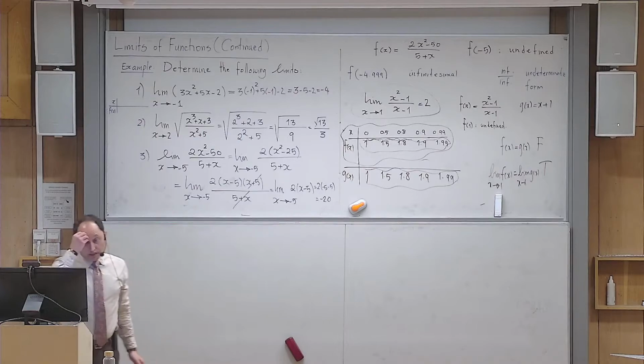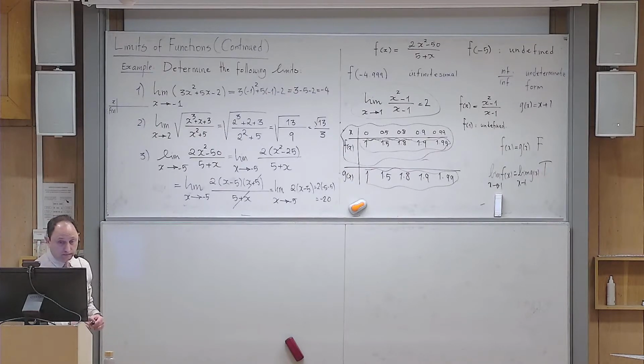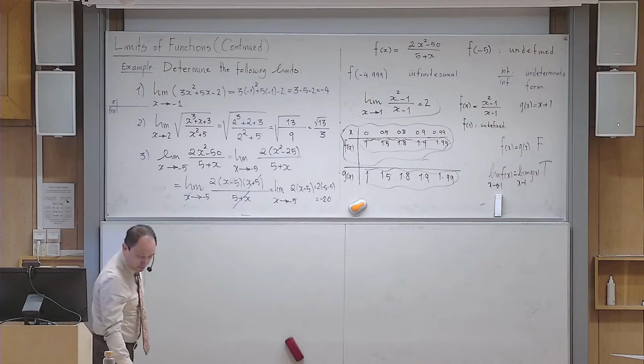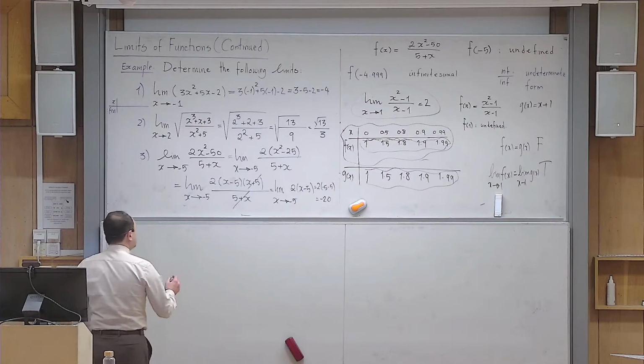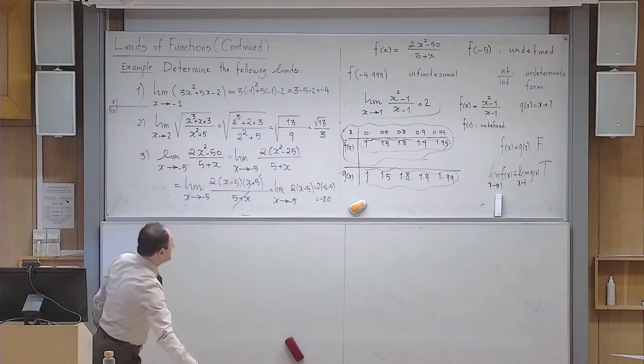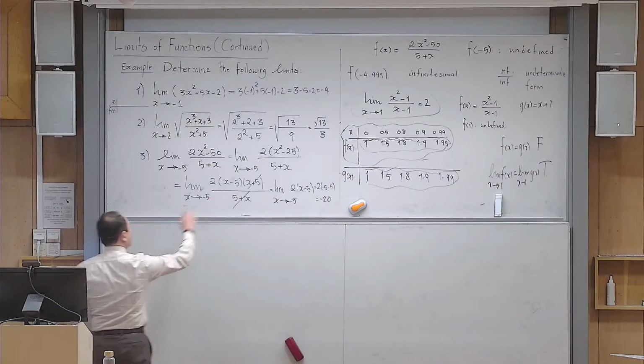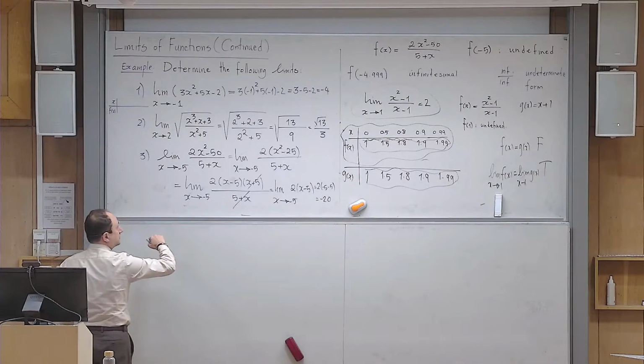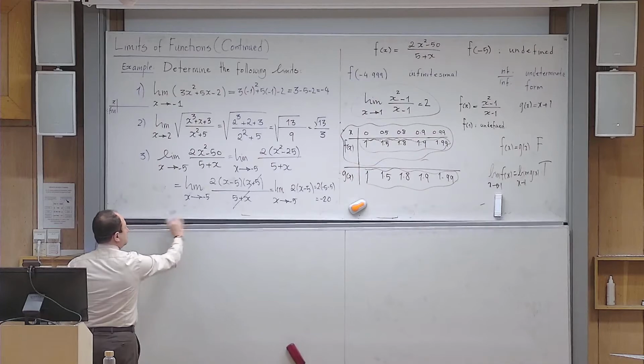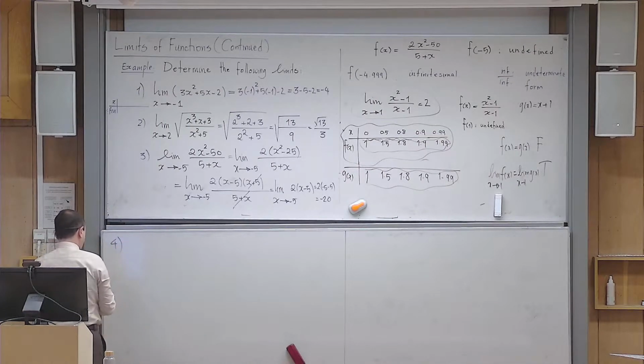So let us go to the next example. For example, I want to calculate the limit. So this is number 4. Let me just write number 4 here. f of x, let me calculate this.